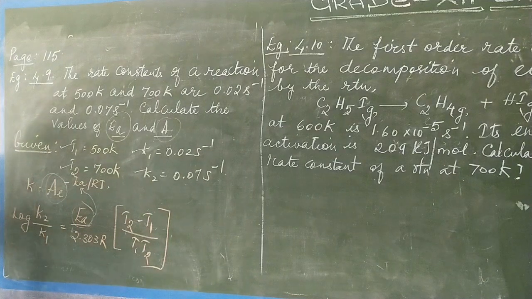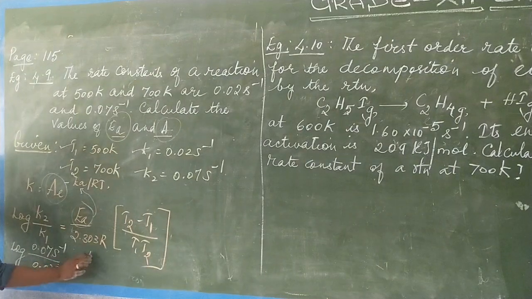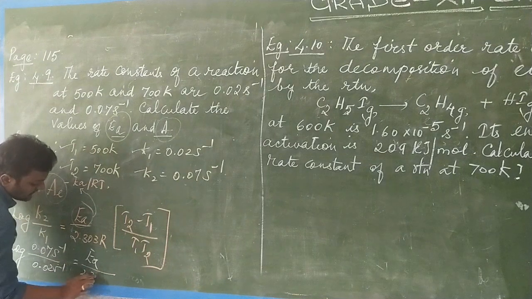Okay. Now this is log of K2 by K1. What is the K2 value? K2 is 0.07 second inverse, the whole divided by K1, which is 0.02 second inverse, is equal to EA, which I have to find out, divided by 2.303.